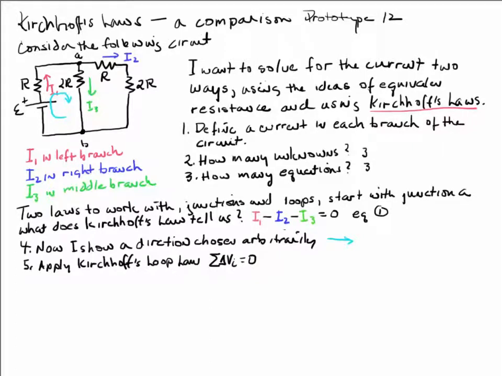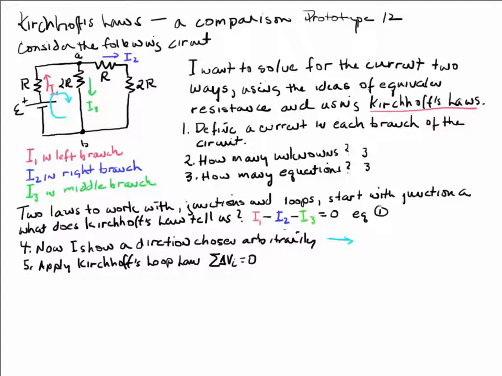So now let's apply Kirchhoff's loop law, sum of the potential differences equal to zero. Well, we're traversing the EMF in the direction of energy gain, so that's a plus EMF, or plus E. We traverse the resistor in the direction of current flow, so that's a minus I1R.